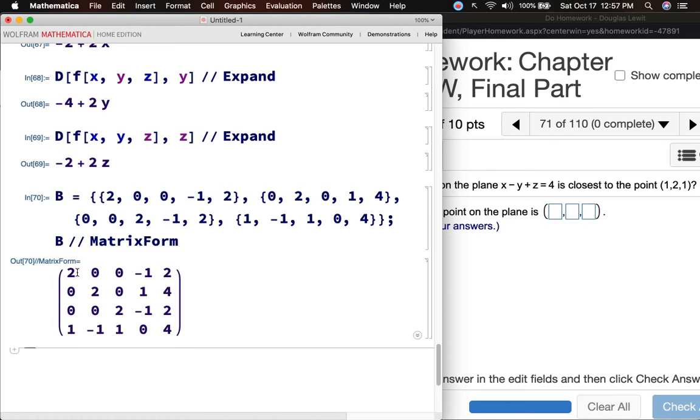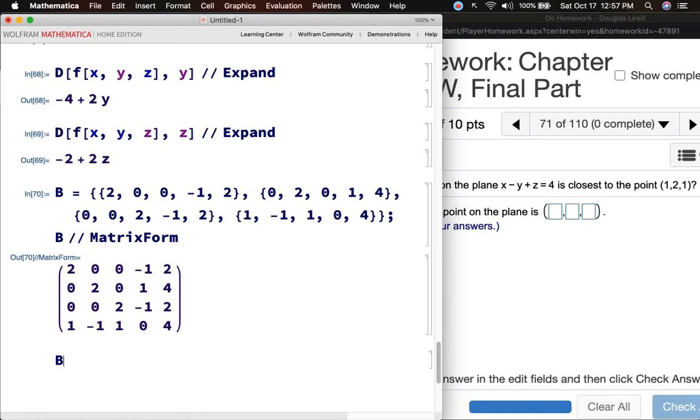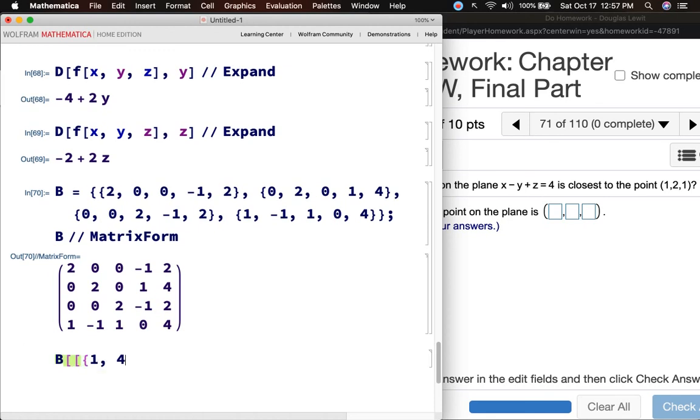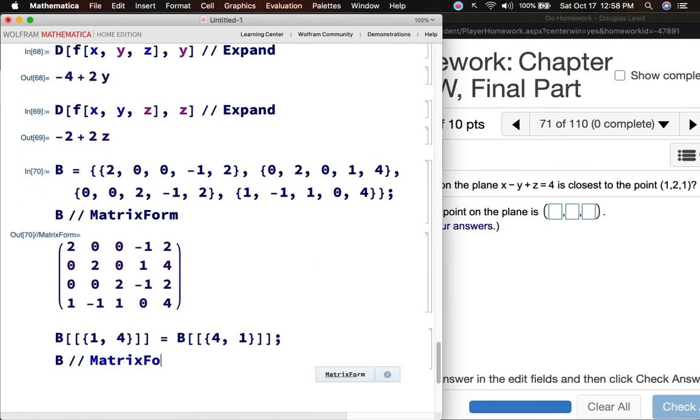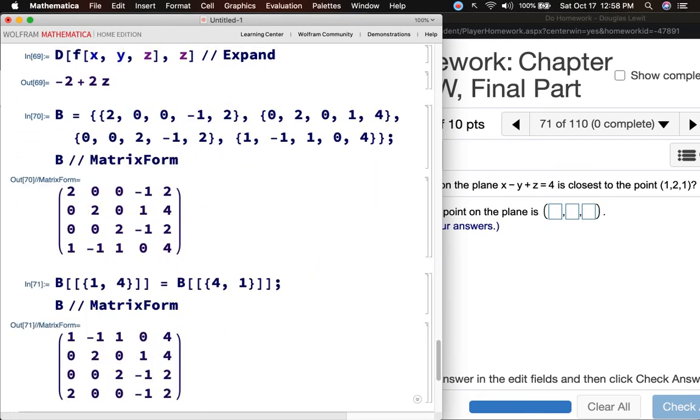So this should be a 1 up here, in the upper left corner. Why don't I just switch the first and the fourth rows? Okay, so I just switched the first and the fourth rows.